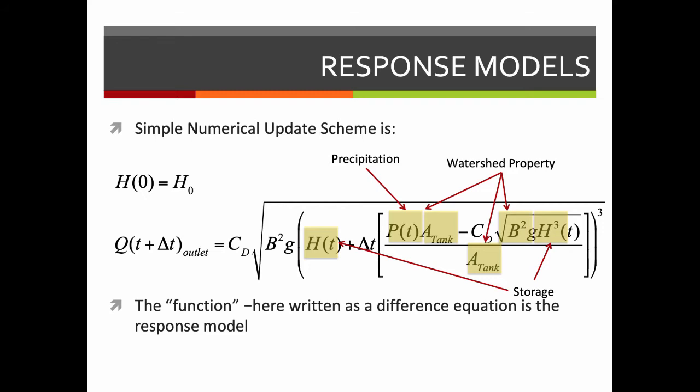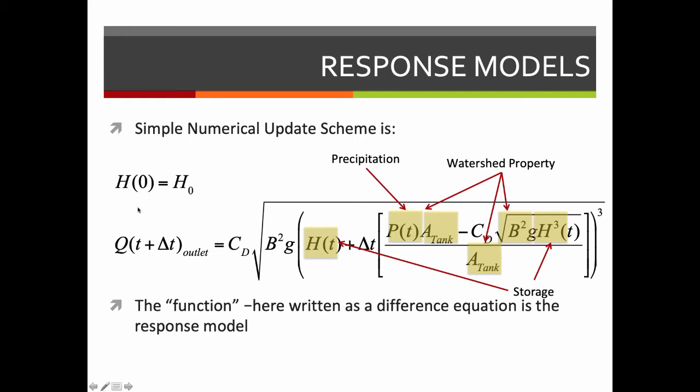If we take that and analyze it, apply a simple mass balance to the tank, and then rearrange terms, we can come up with this numerical update scheme that says that starting with an empty tank, precipitation comes in at time t, and then that precipitation at time t produces a depth at t plus delta t, and then that depth at t plus delta t produces a discharge at t plus delta t.